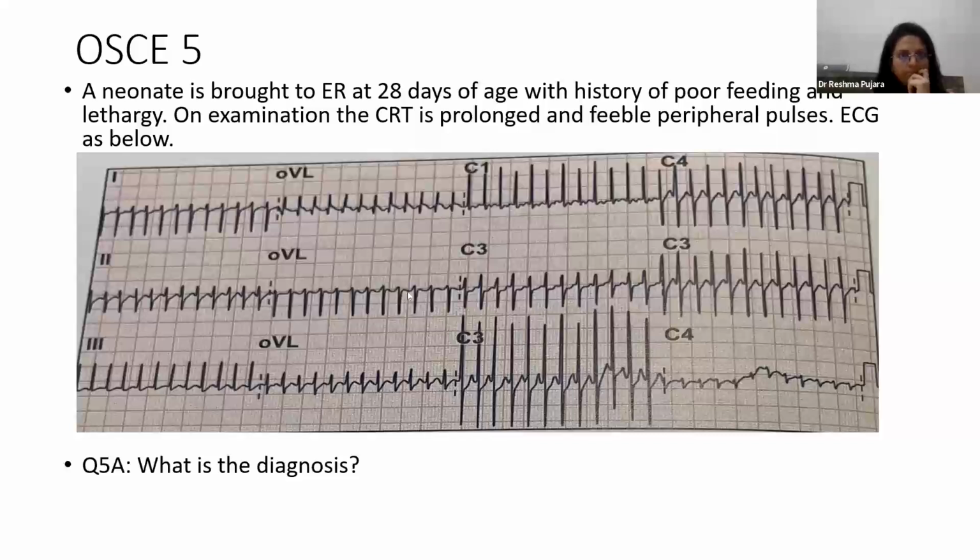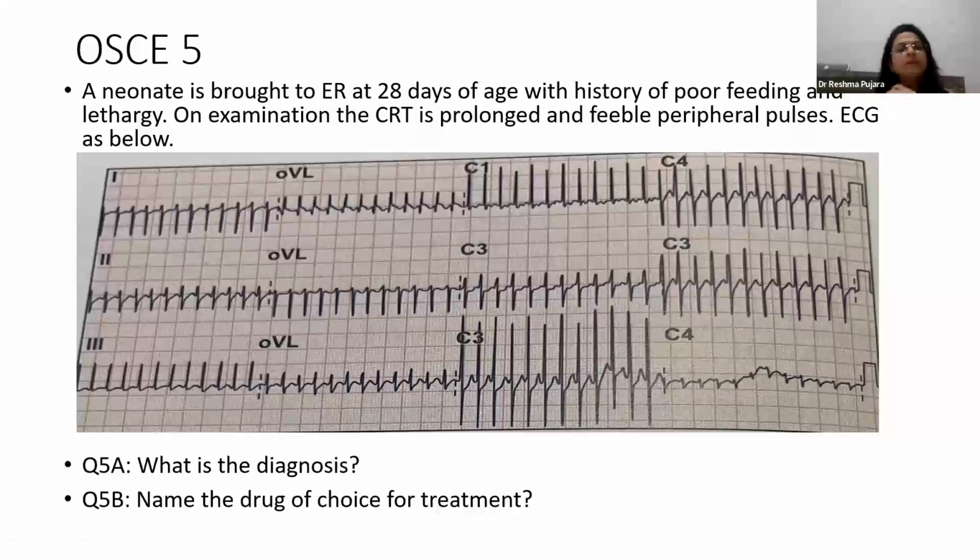Okay. And name the drug of choice for the treatment. Adenosine. Correct. Okay, fine.